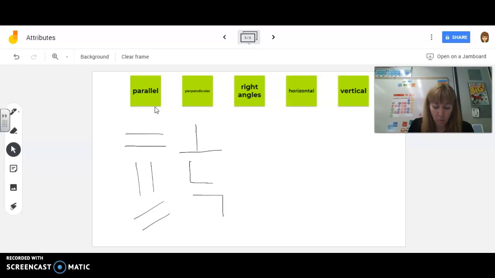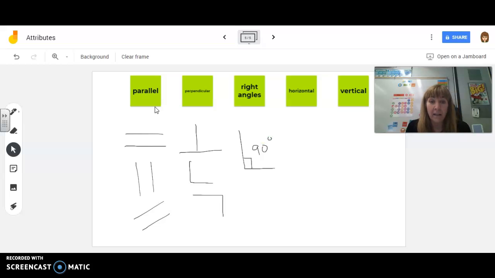Now I had said the word right angle. So that is an angle that is 90 degrees. So I drew it badly, but if you see a little box like that on any type of a shape, that means that this angle is 90 degrees.